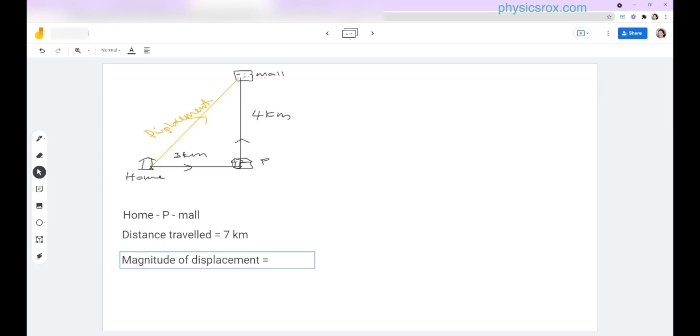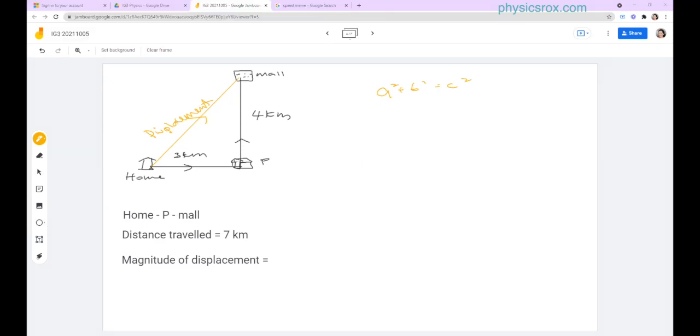Pythagoras theorem is a squared plus b squared equals c squared. Sorry, a squared equals b squared plus c squared. See, I say one thing, two different things. Okay, you use Pythagoras theorem, not the cosine rule. You can only use the cosine rule when you have the angle. We don't have the angle.